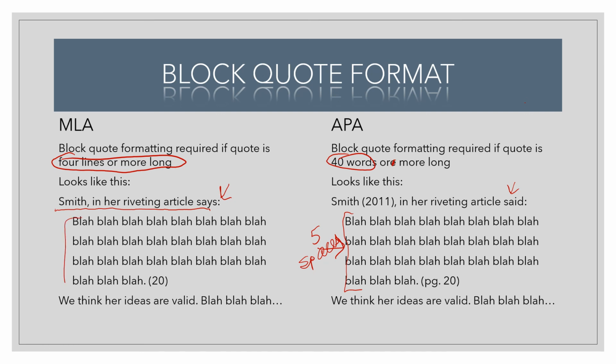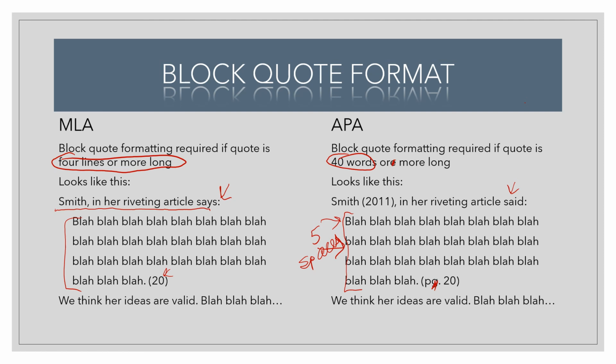Same thing here. I recommend typing the whole quote, then highlighting it, and just moving the whole thing in 5 spaces. It's the easiest way to do it. Notice the citation here. We already have Smith, so we just have the page number. But here we have, that should just be a P, page 20.